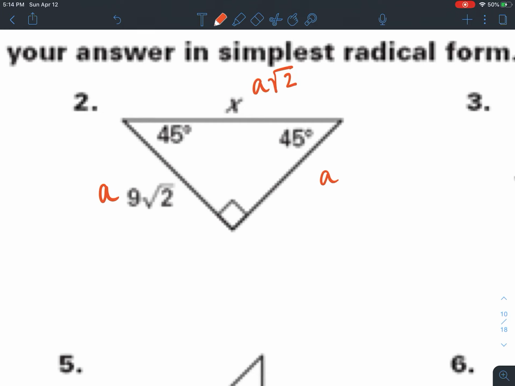So if I take my 9 square root 2 and I multiply it times root 2, when we're multiplying with radicals, insiders can mingle and outsiders can mingle. So if I do 9 times a 1, that's kind of invisible here, I end up with a 9. If I do square root of 2 times the square root of 2, you can either think of that as the square root of 4 or just as a 2. So this will be 18.